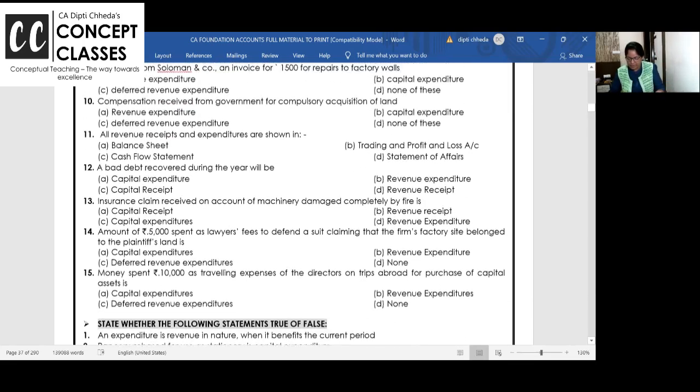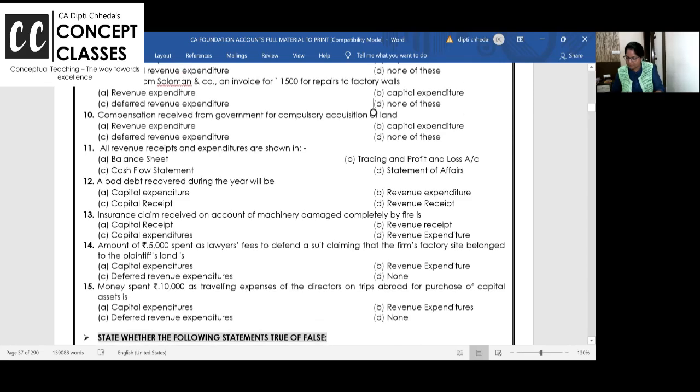Yes, last ones. MCQ questions are there in other books also in the CMA material. Please practice that also.